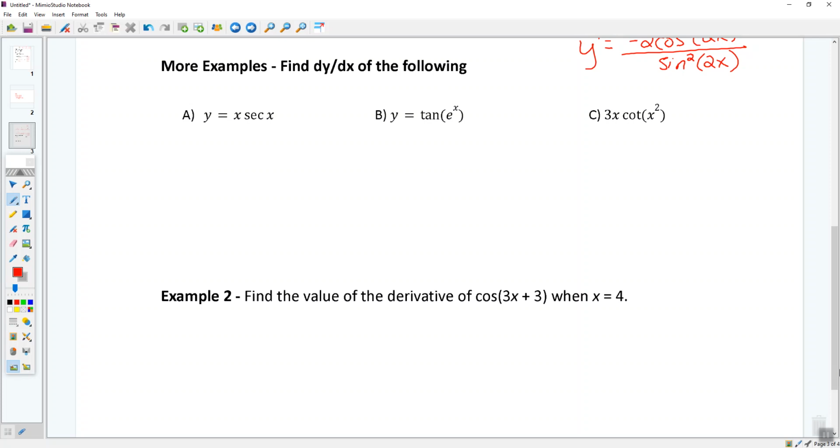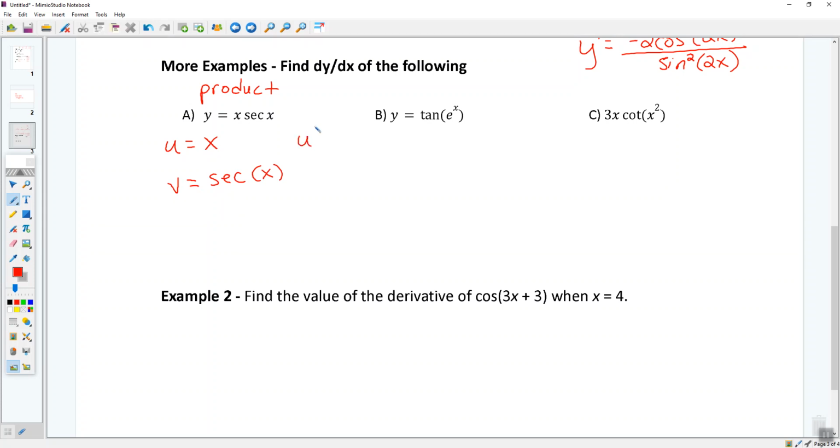So this is a product of functions with respect to x. So I'm going to let u equal what, kids? Yep. And I'm going to let v equal the secant of x.